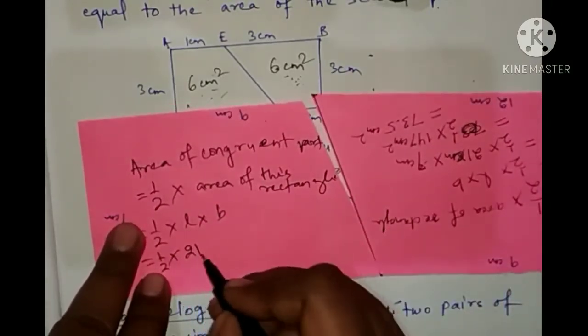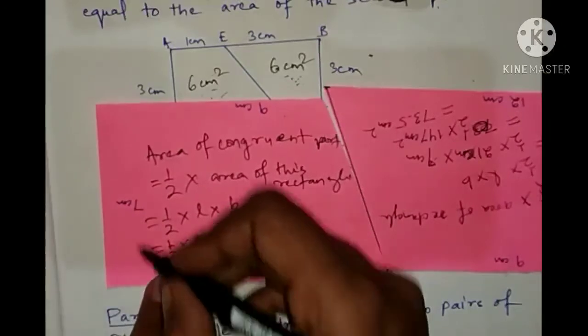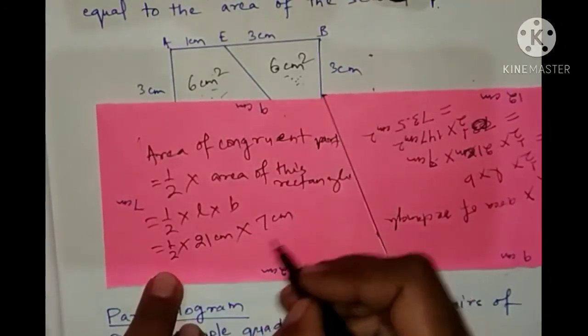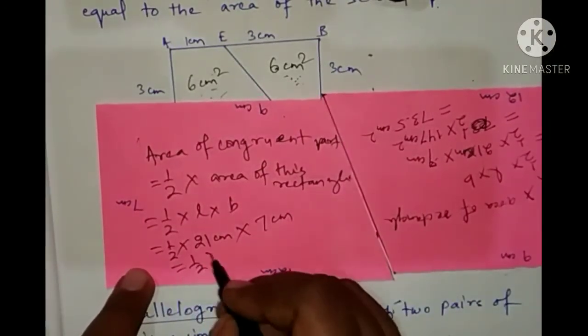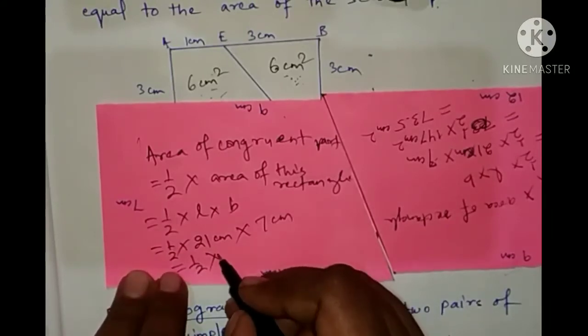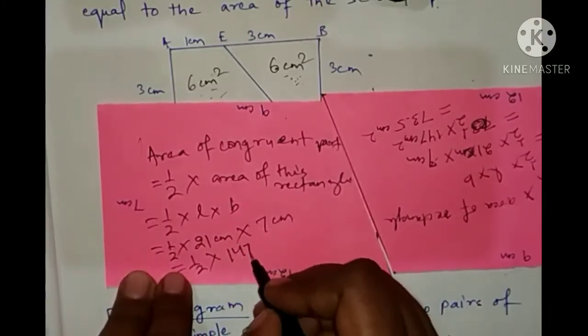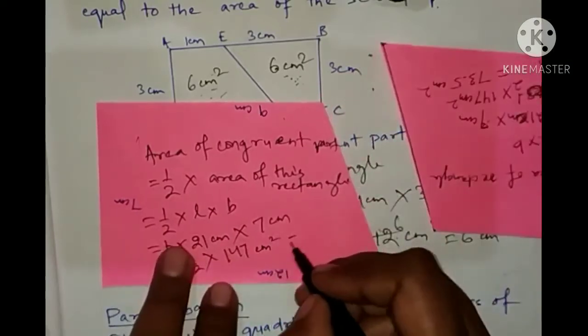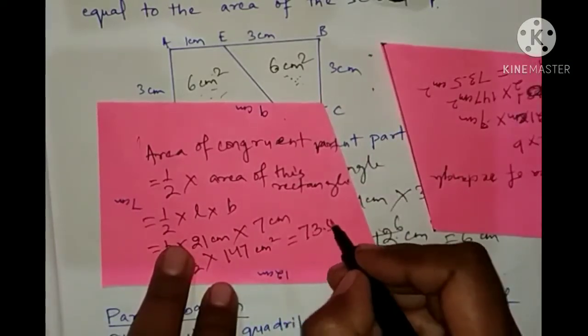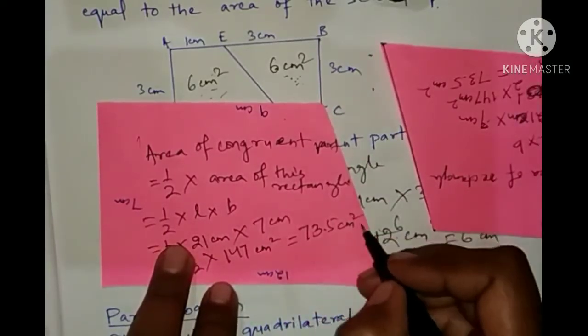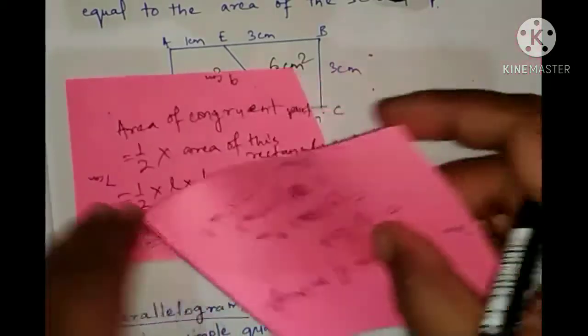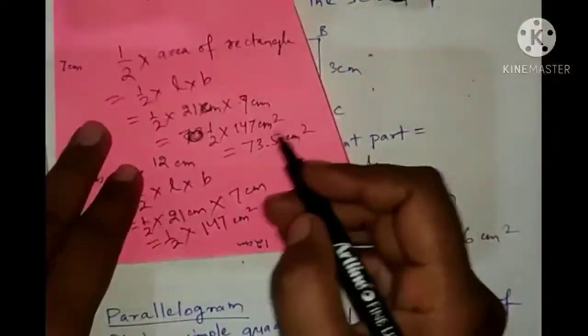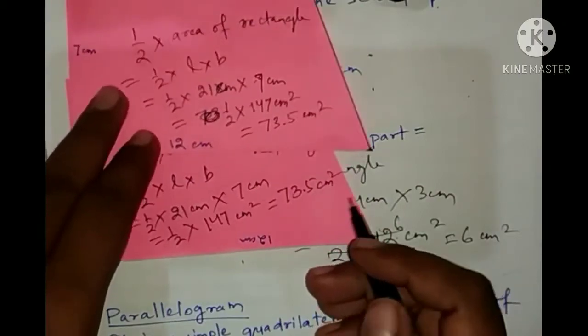How much is it? 21 centimeter, into breadth equal to 7 centimeter. So half into 21 into 7 equal to 147 square centimeter, equal to how much? 73.5 square centimeter. Like this I can find out this one also, same 73.5 square centimeter.